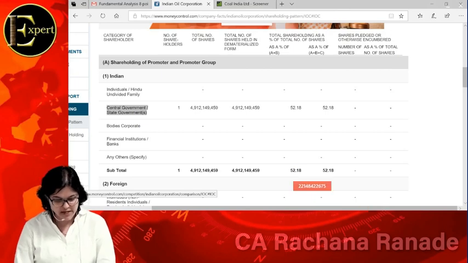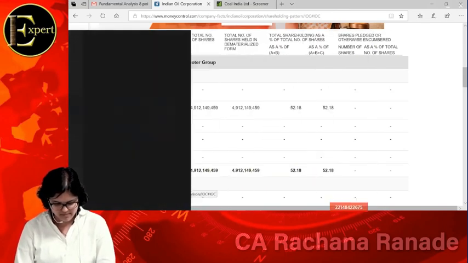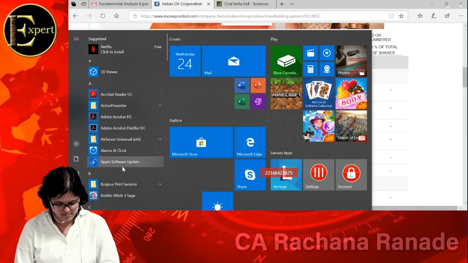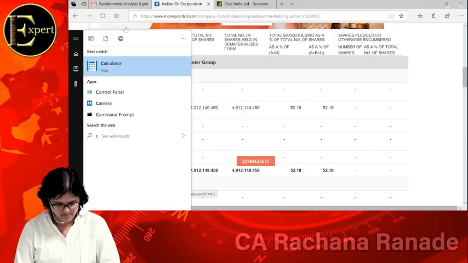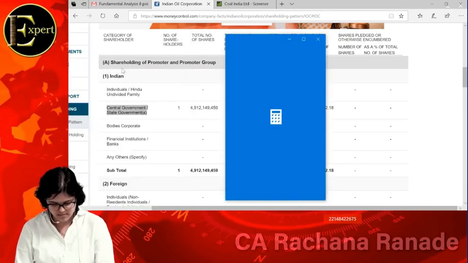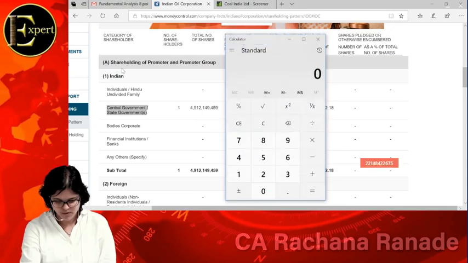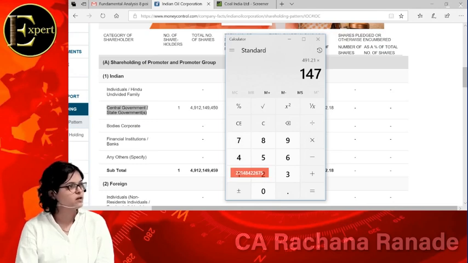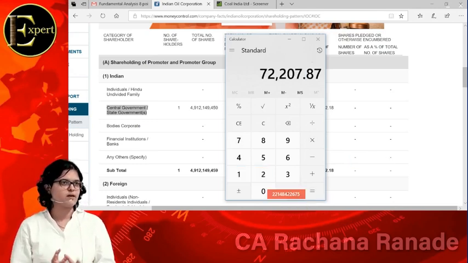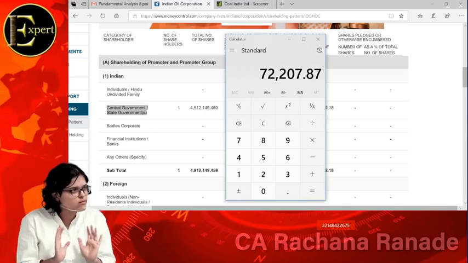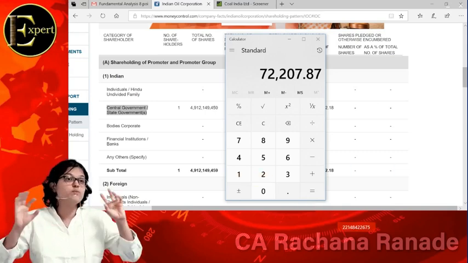So if government is in need of money, 491.21 multiplied by 147 per share, right? If the government wants, in one stroke they can raise 72,207 crores by selling their shares. They will not do it. I'm just telling you as an example. If they want, they can raise so much money.